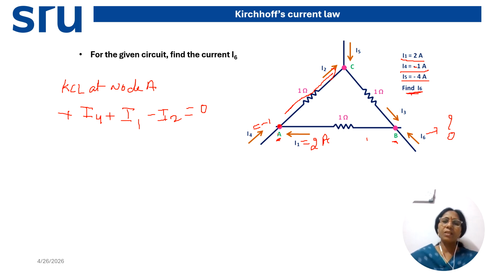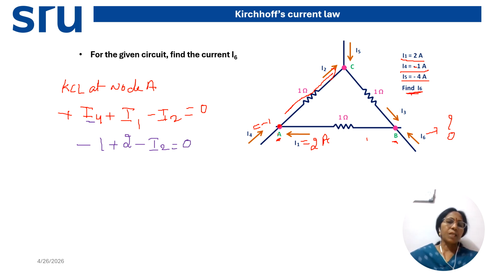What is your I1? I1 is 2 ampere. Right. What is I4? This I4 is minus 1. Yes, I4 is minus 1. Sorry, let me erase this. Now here this is minus 1. Now here I am finding the current I2.